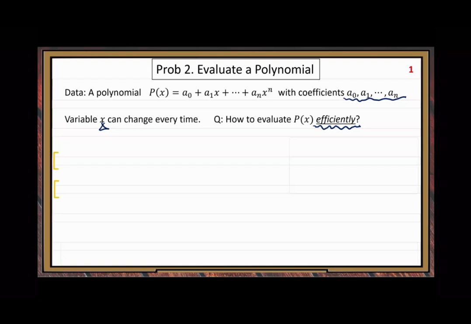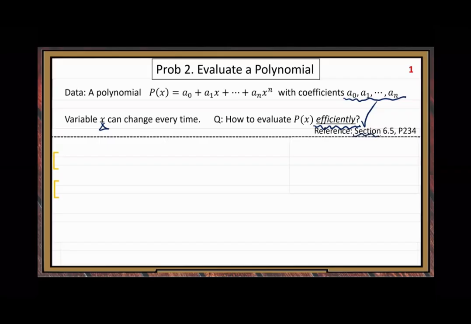After that, you also need to make sure your solution is efficient. From this question, we want to understand this efficiency concept well.